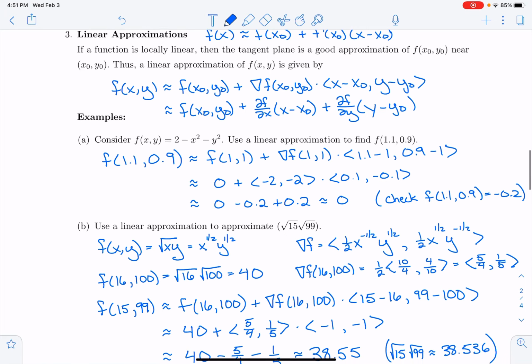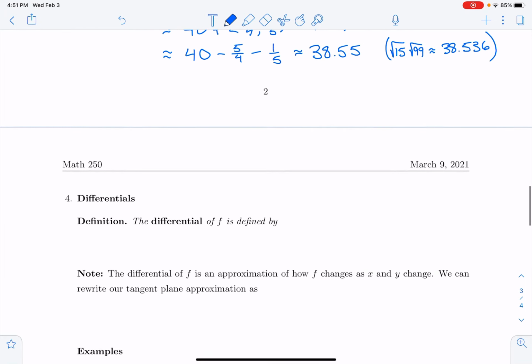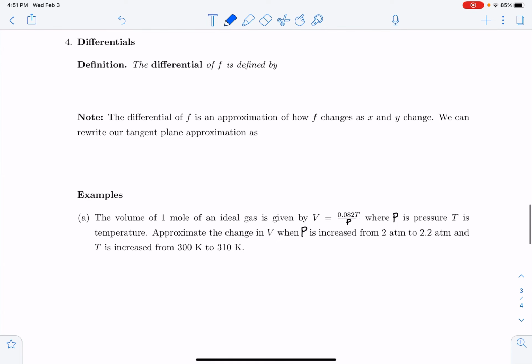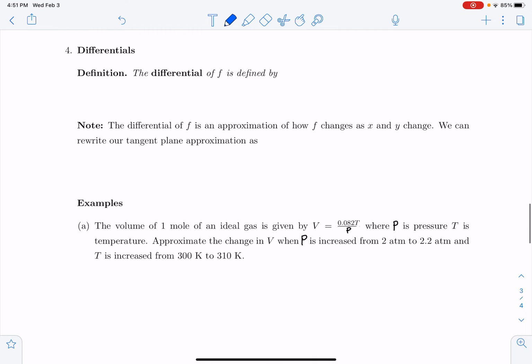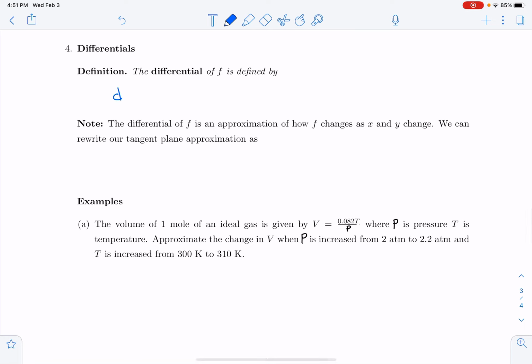Going along with linear approximations is the concept of the differential. Now, the differential is written as either df or delta f.